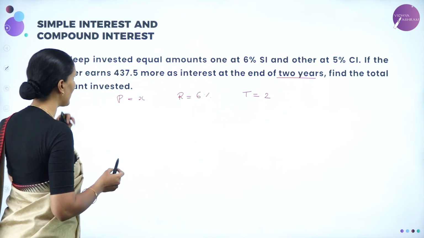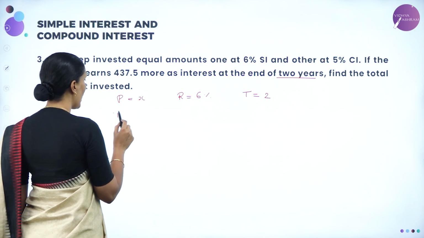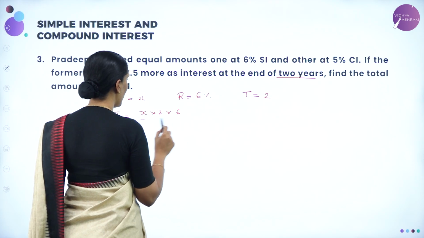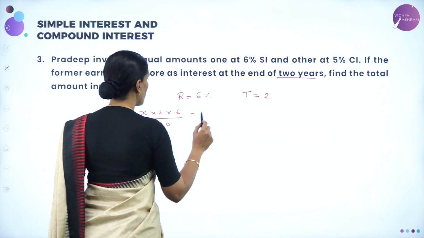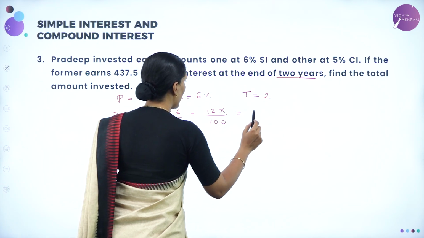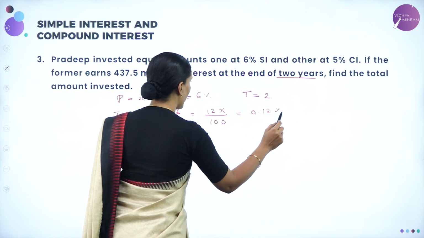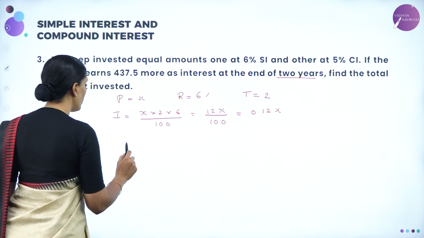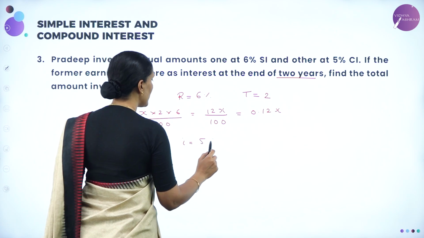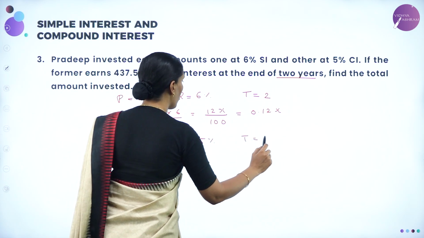First let us calculate the simple interest, that is I is equal to PTR by 100, which is 12x by 100, which can also be written as 0.12x.